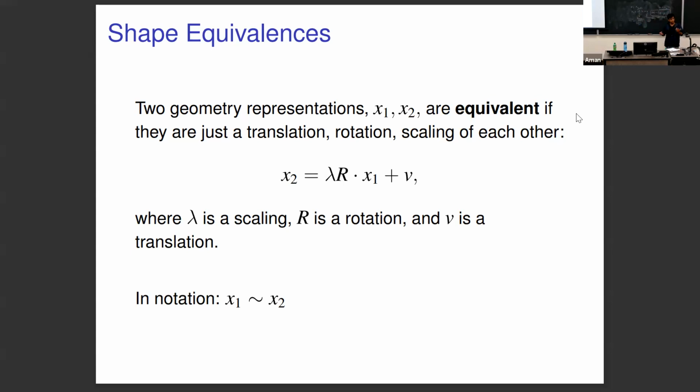Now, what we want in our tensor shape space is that all of these shapes should be represented, right? So a set of all such equivalence classes is called a shape space. That's it, right? If you have this equivalence relationship where you are able to define one shape as an equivalent of any other shape, the space of all such equivalence classes, which means all possible shapes, is a shape space.